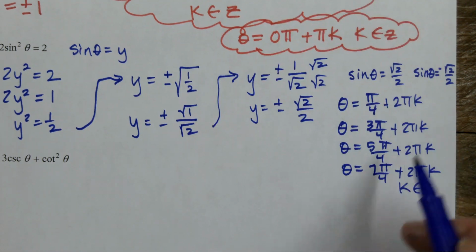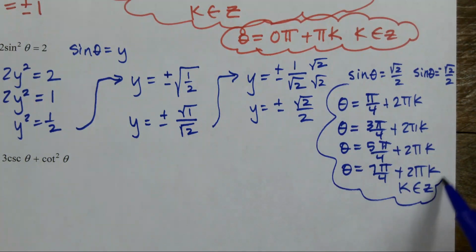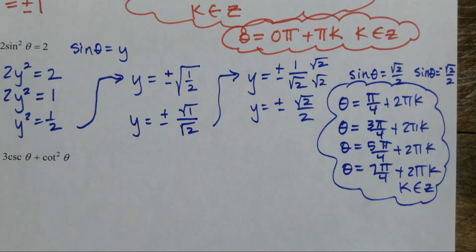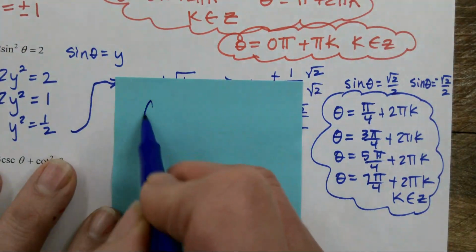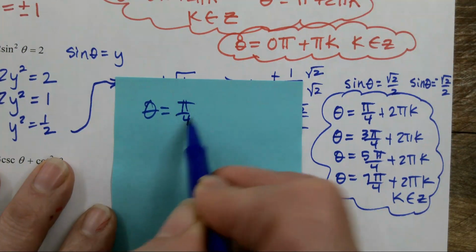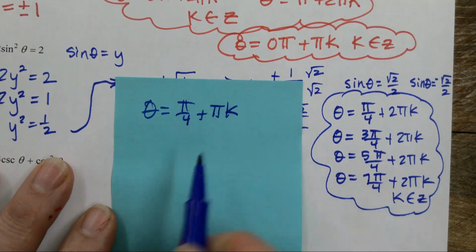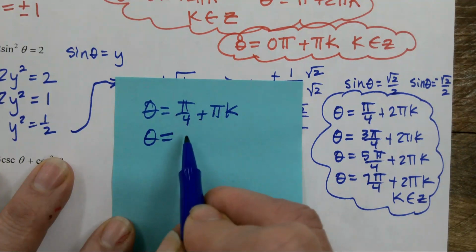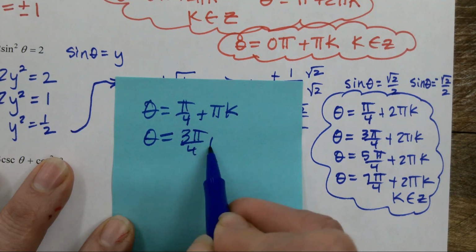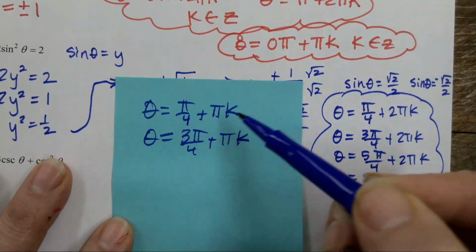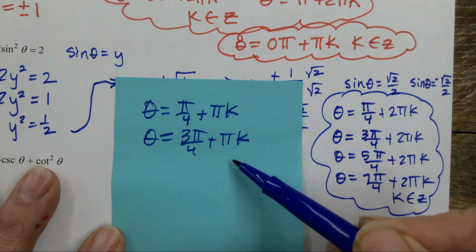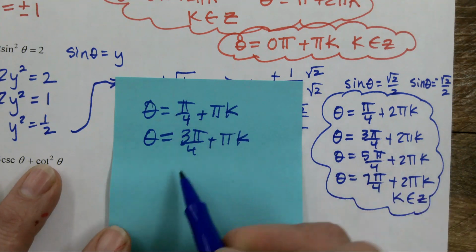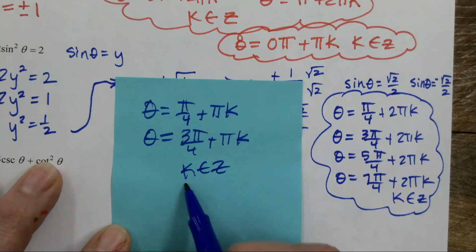So this is a totally acceptable answer, but this answer could also look like theta is pi over 4 plus pi k, theta is 3 pi over 4 plus pi k. That'll get me into the first and the third, the second and the fourth, where k is an element of the integers.